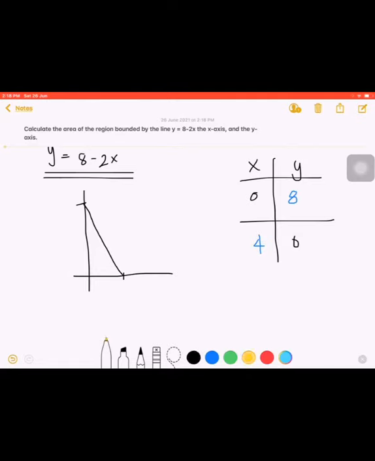Let's find the area between this line, the x-axis and the y-axis.